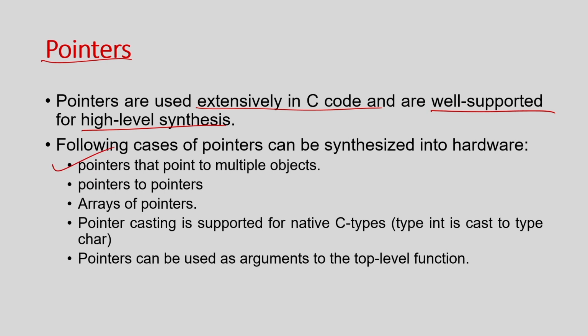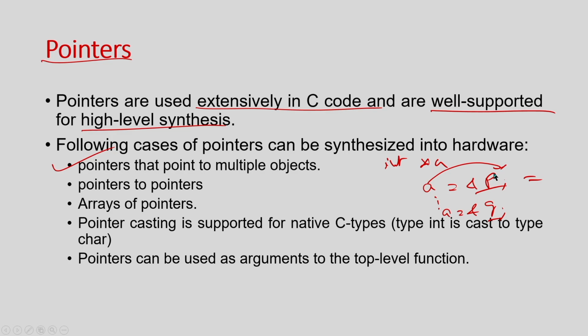So, supporting pointers in hardware is basically easy, right. It is nothing but having the address, right. You have to convert those pointers into the corresponding address in the hardware, right. So, in general high level synthesis supports all types of pointers, right. This includes a pointer that is pointing to multiple objects, right. Suppose you have star A, and A is storing the address of P, and after some time A is storing the address of Q. This type of thing is supported, because this is probably a register, and A basically becomes this register, right.